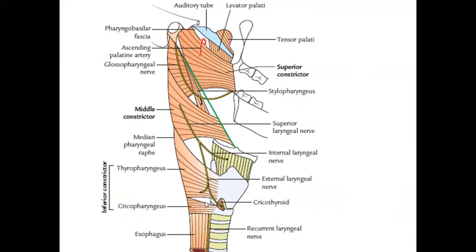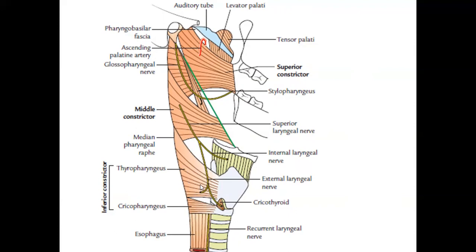I'll repeat it again. So normally the thyropharyngeus and the cricopharyngeus, which are a part of the inferior constrictor muscles, but they are supplied by different nerves, right? And there is a potential space here between the two parts of these muscles. Okay? So normally, what happens when thyropharyngeus contracts, cricopharyngeus relaxes, food bolus moves down. Okay?